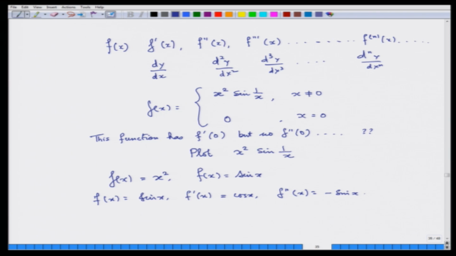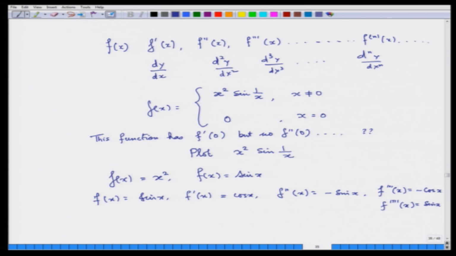So f triple dash x is again minus cos x, and f four dash x is sin x.